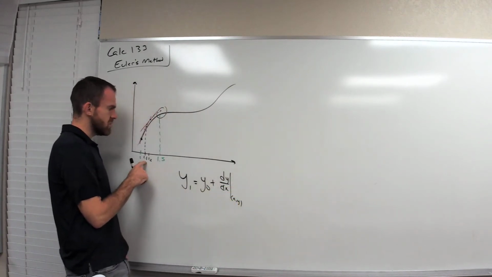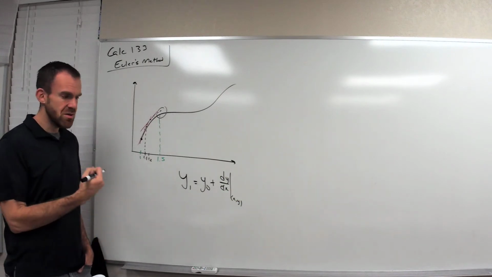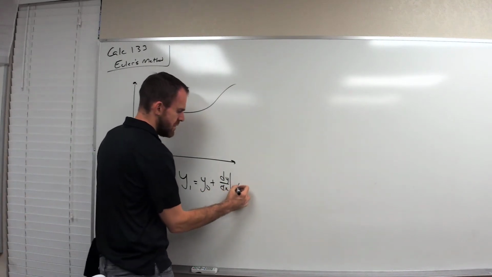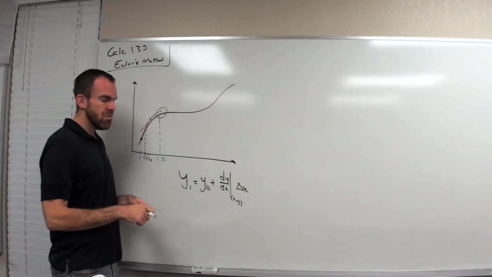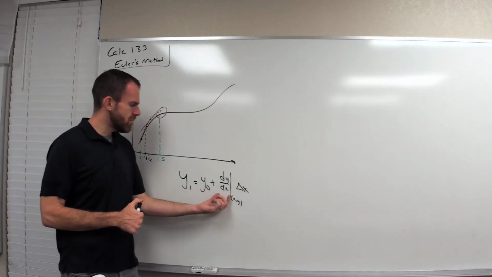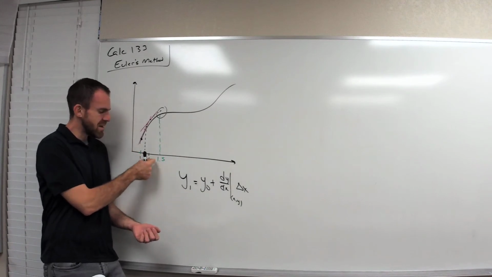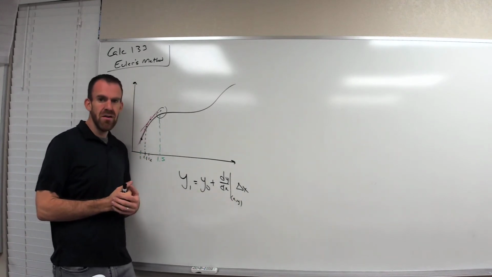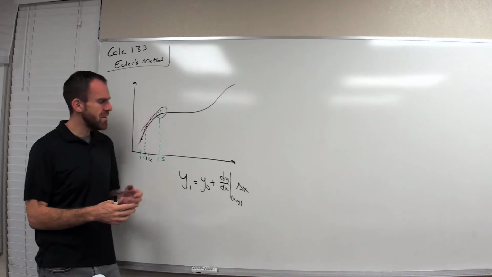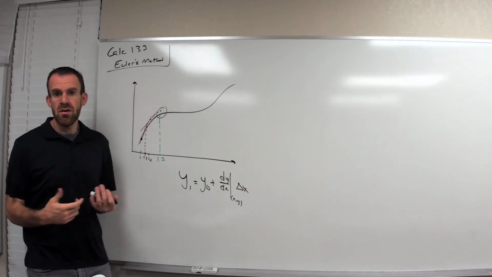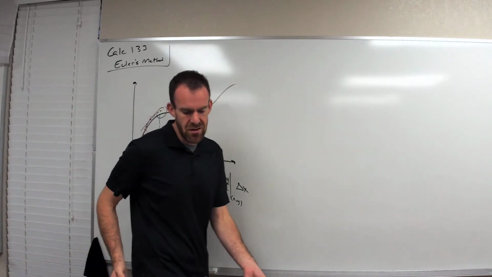Remember, you have the x-coordinate, you have the y-coordinate, so you can do that, times delta x. So what we're doing is we're taking the slope times the distance we're traveling on each step and adding that to our original y value. If you do that, you can get to the approximation of the y value that you want.